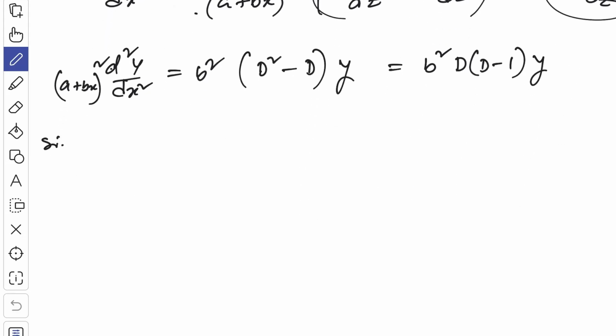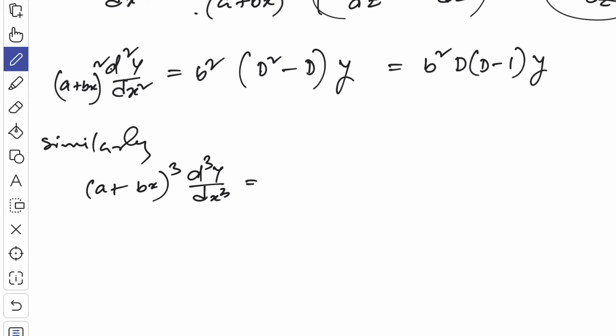Similarly, (a plus bx) whole cube, third order derivative of y with respect to x will be b cube D into (D minus 1)(D minus 2) y and so on.